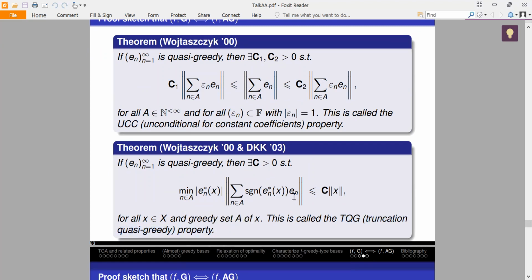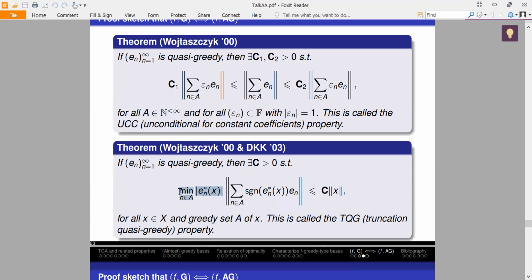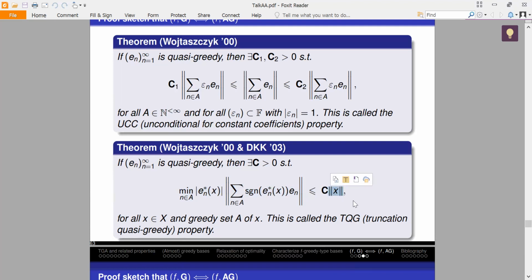This property says that if you have a quasi-greedy basis, then for any vector x and any greedy set A of x, if you multiply the minimum of the coefficients in A by the norm of the indicator function at A, keeping the sign of x at these vectors, then the resulting quantity is bounded by the norm of x. We will use these two properties in our proof of the equivalence.